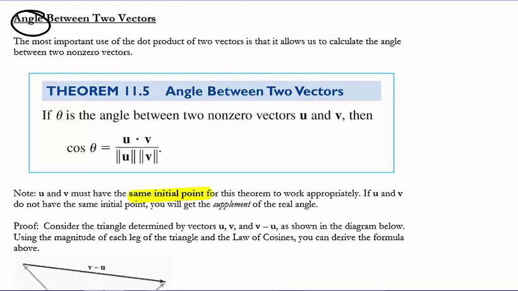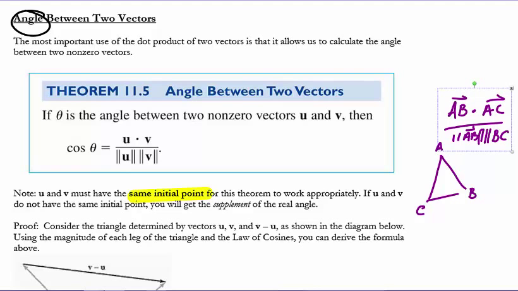Let's say I have A, B, C. If I do AB dot AC over the magnitude of AB times the magnitude of AC, this will get me the cosine of A. A to C, A to B, they have the same initial points.